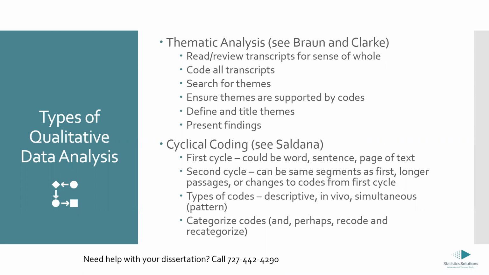And that's part of the process. Then you define and you title your themes, give them a descriptive title. What is the theme about? I see a lot of reviewers now really like sort of action oriented titles. So that's always kind of a good way to go here. And then presenting your findings, which is your results chapter.